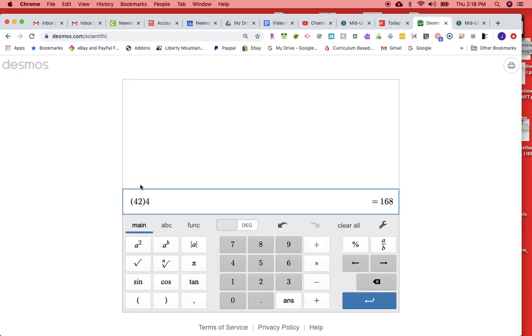So I'm going to make this to the 2nd power, get outside my parentheses, press the exponent key, and then 4. So our answer is going to be, well, what did I do last time?